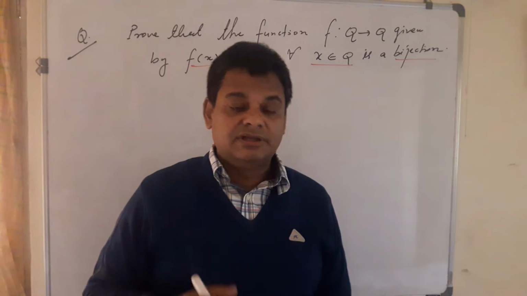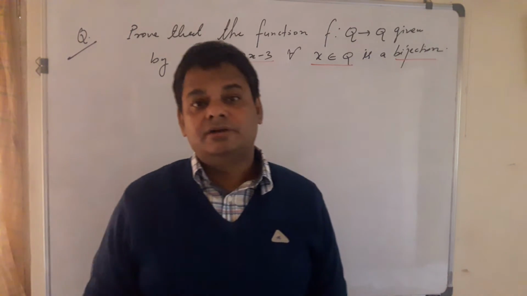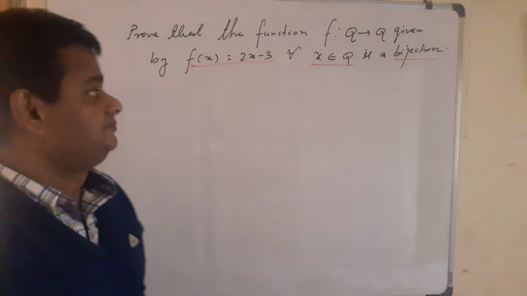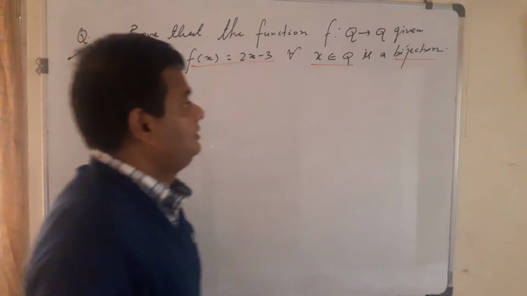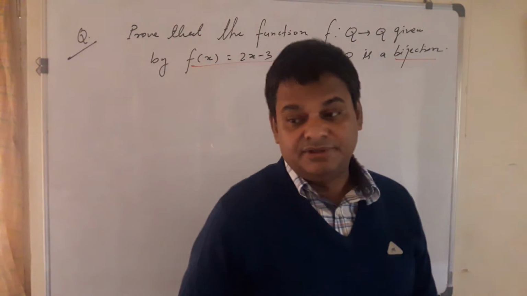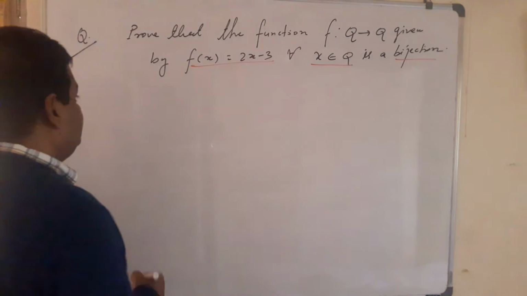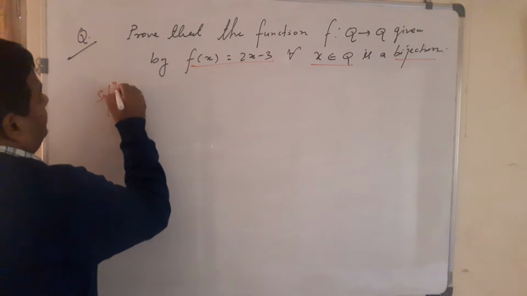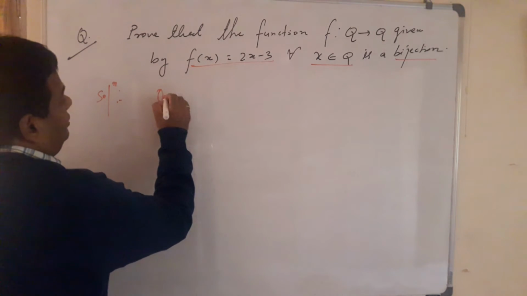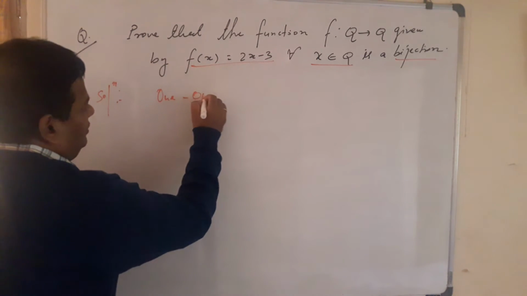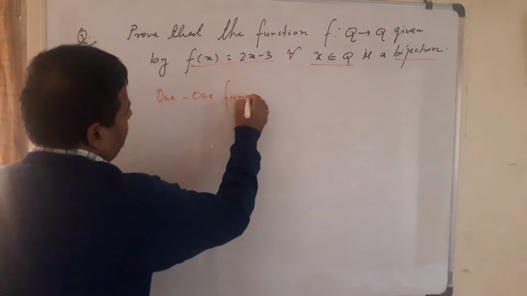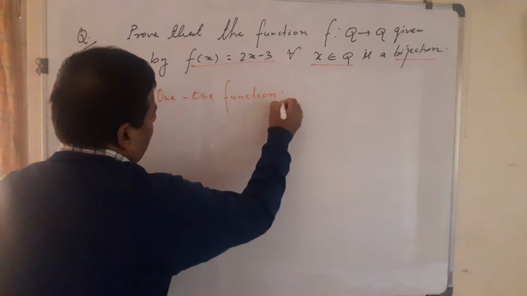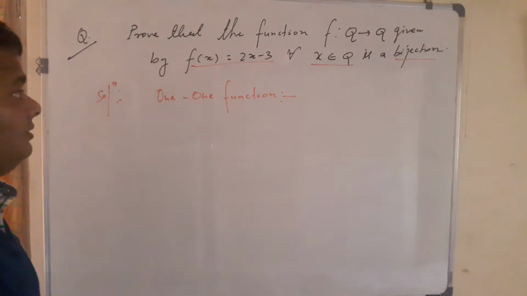It means surjection and injection. You can say injective, so a one-one function. First I am taking the one-one function. How will you solve? First of all, you have to prove it is a one-one function.